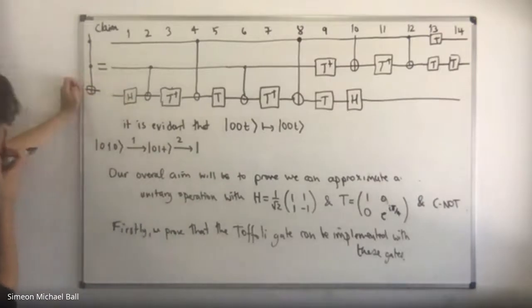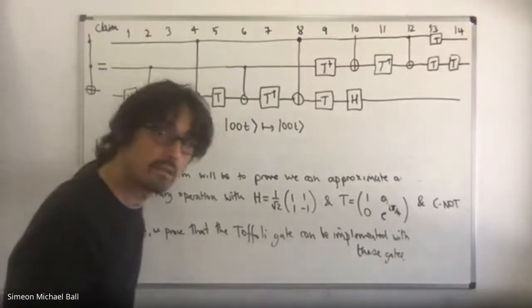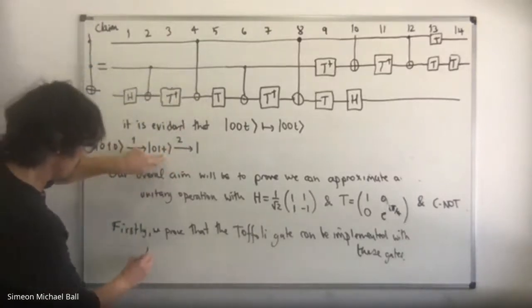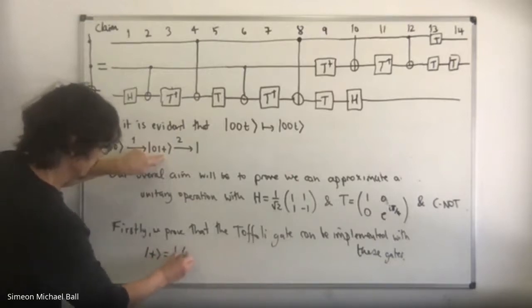so I've got the second one set. What happens if I C naught a plus? Anybody? So recall that plus is that.